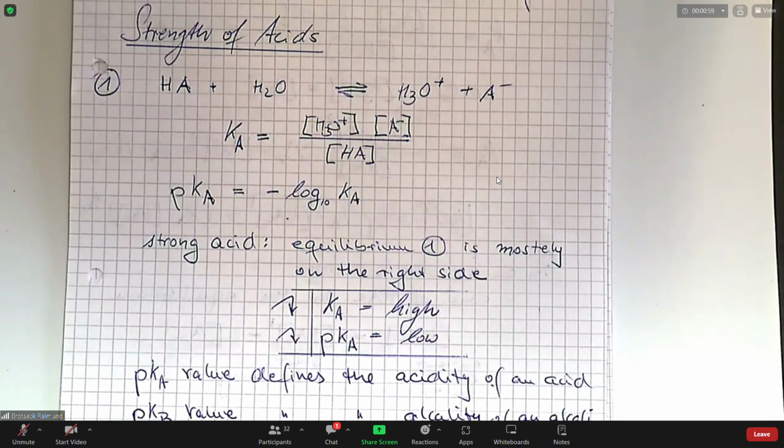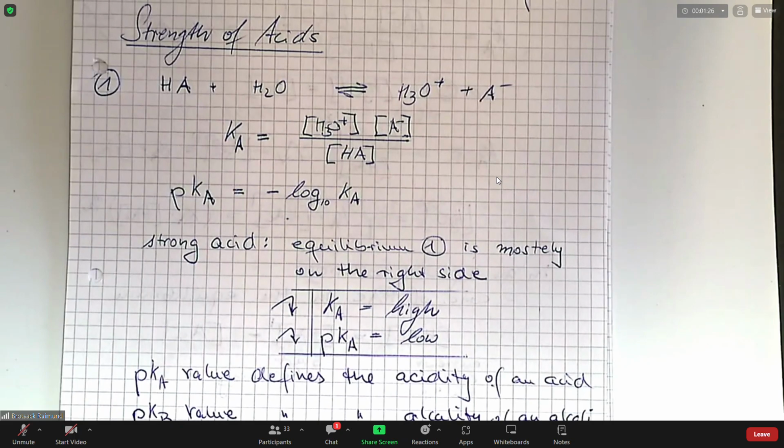Then we can just take the concentration of the acid, because when we have a strong acid, the equilibrium is totally on the right. That means the initial concentration of the acid is, when we have it 1:1, the same as the concentration of the protons.